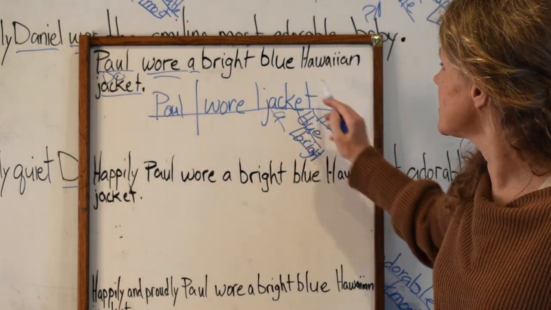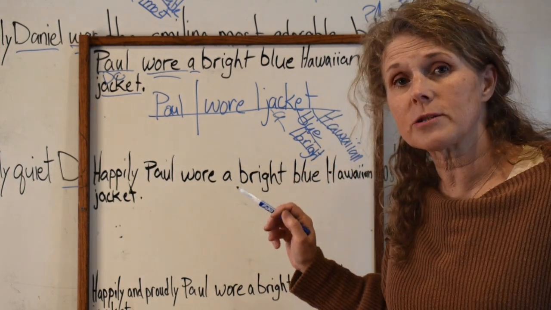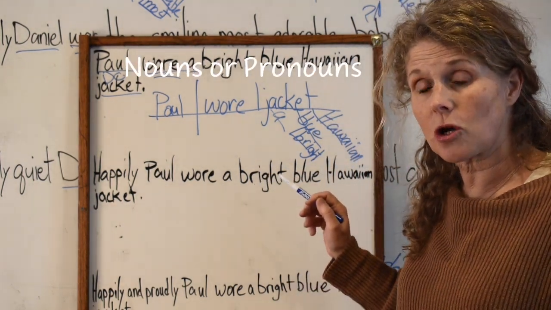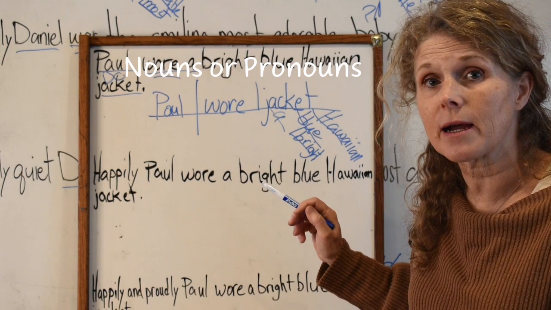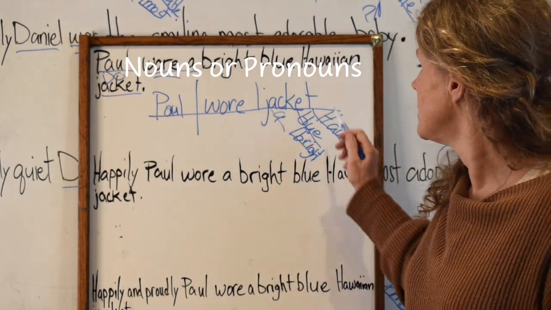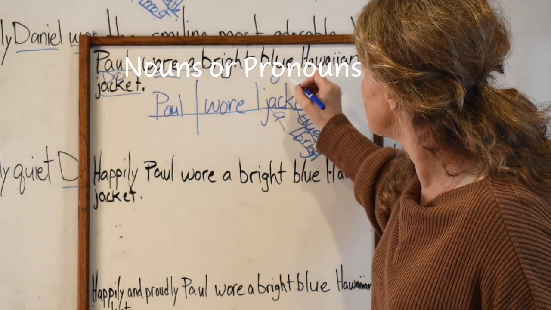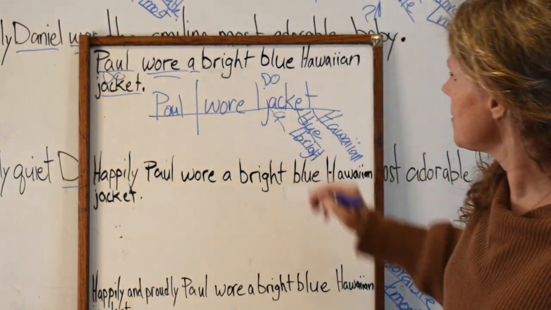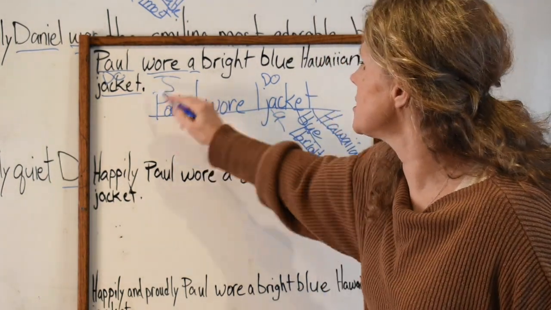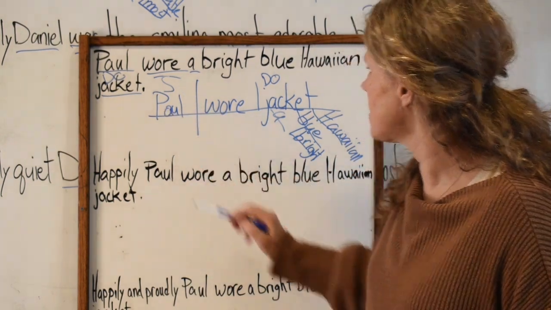Now this is an object position of the sentence, and it's really important that you understand where your object positions are in a sentence, because only nouns can sit there. Anything that's acting like a noun can sit there. Direct object. This is the subject position, where a noun sits.